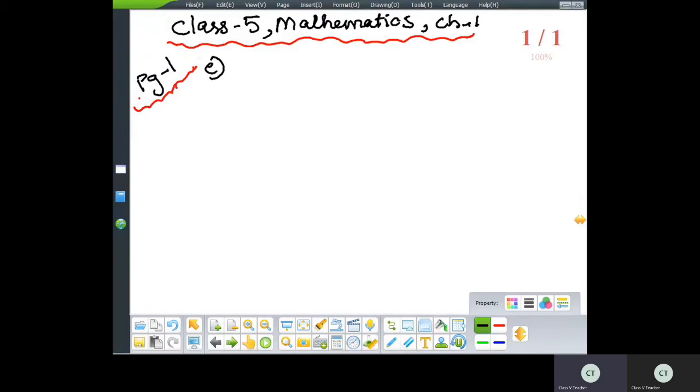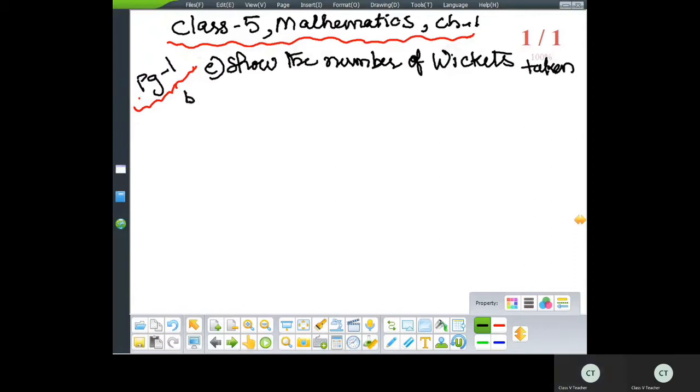Key question, show the number of wickets taken by the bowler in the number line. Yes or no, children? Okay. So this is our question.